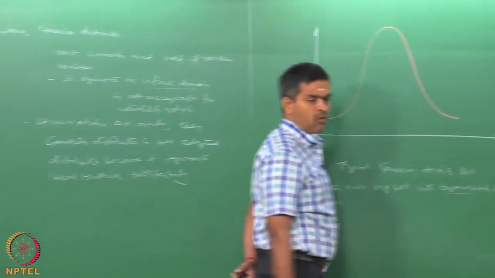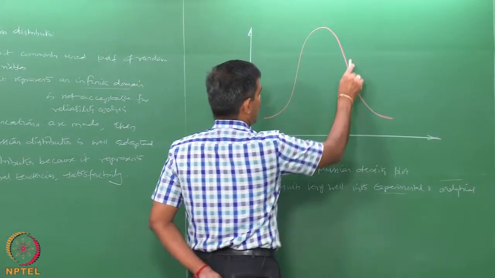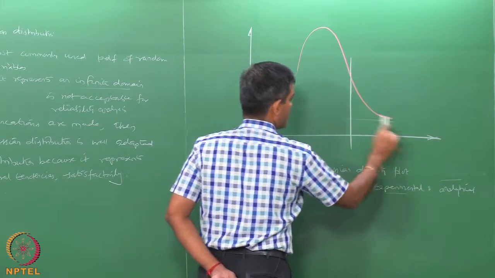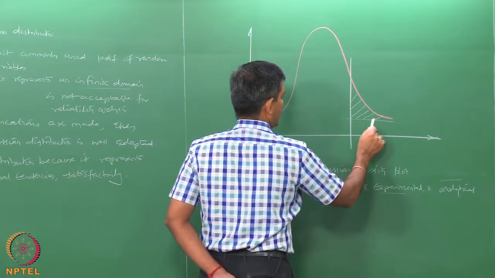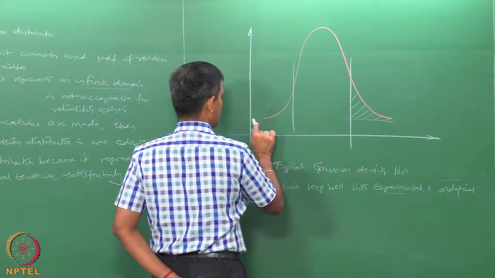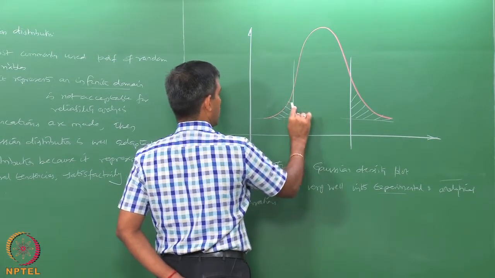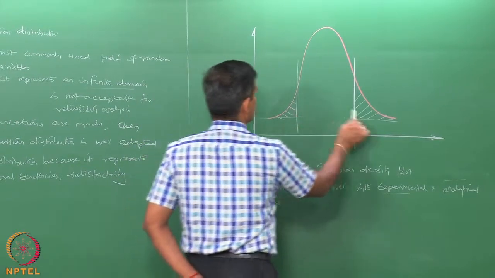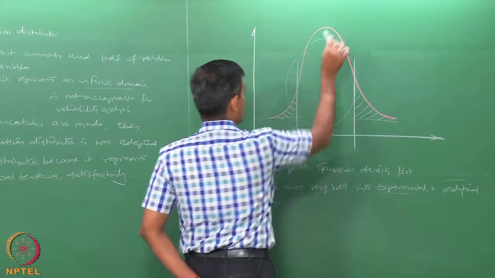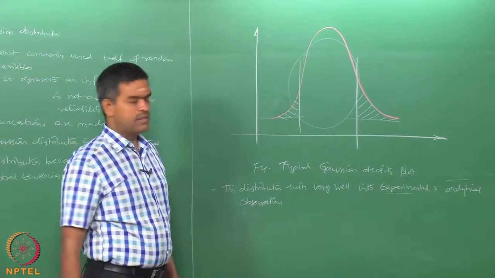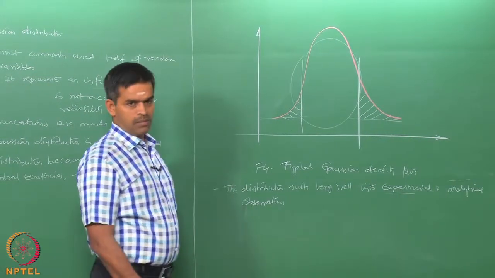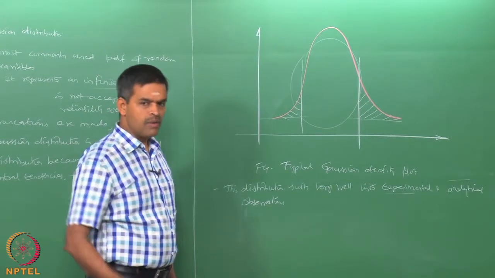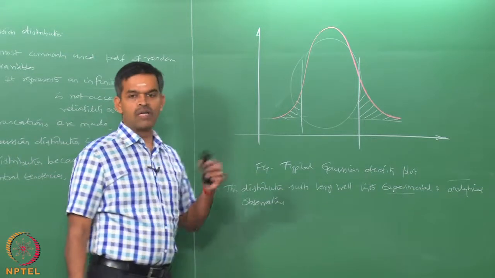Look at this curve. One is interested to focus on the event of probability of exceedance, or probability of exceedance from the lower value. So, of course, if you look at the central tendency, this plot represents decently the distribution of the data of the ensemble, whether it is experimental or analytical.